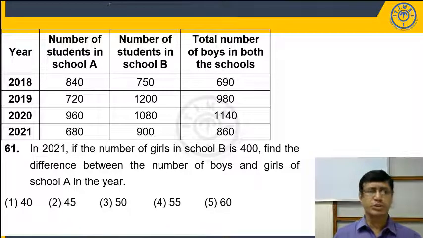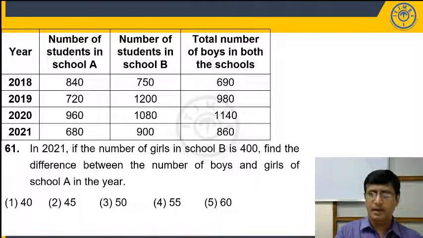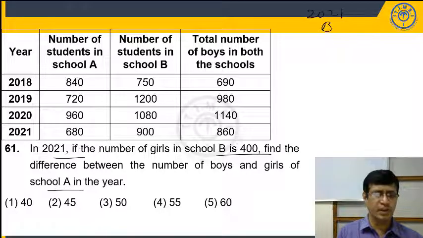In 2021, if the number of girls in school B is 400, find the difference between the number of boys and the girls of school A in that year. You need to find the difference of the boys and girls in school A.